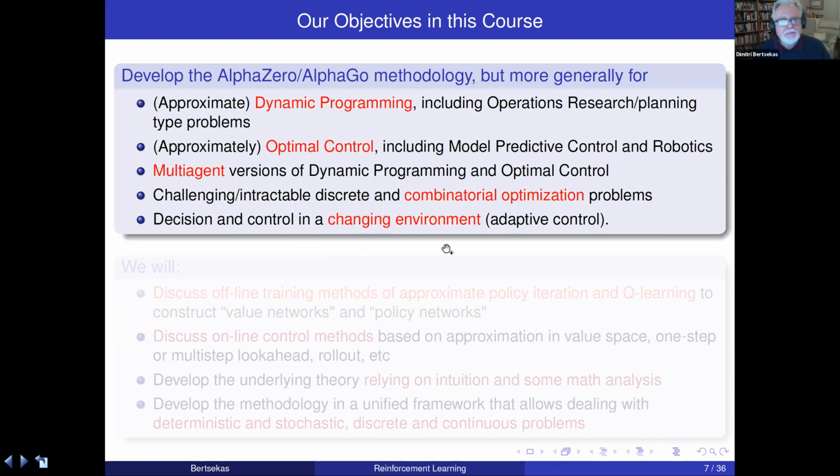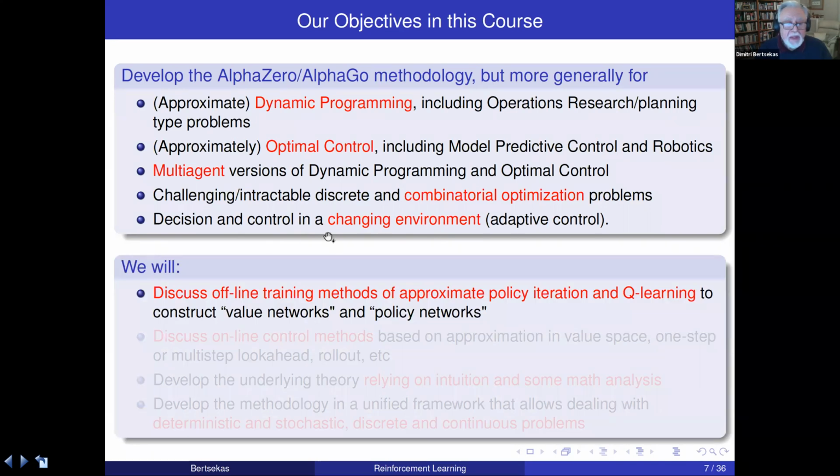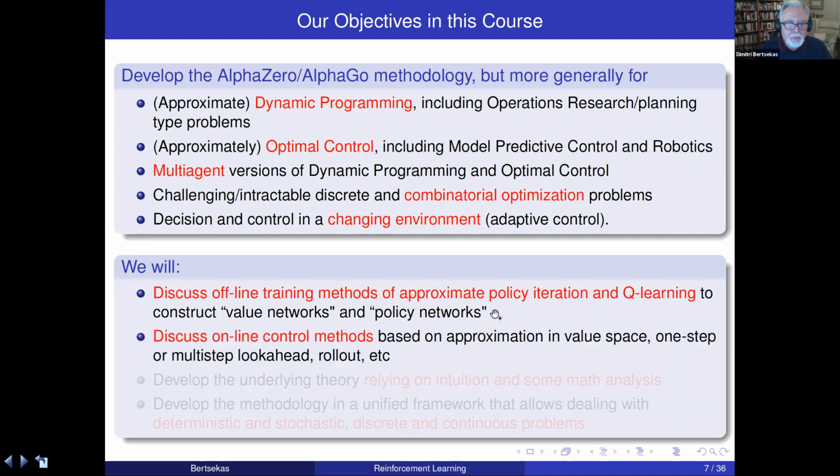But what I'm trying to do here is give you the range of problems that we are going to be addressing. Okay, so now we're going to discuss offline training methods, like in the AlphaZero case of approximate policy iteration, and also another method called Q-learning, and also discuss how we construct these value networks and policy networks.